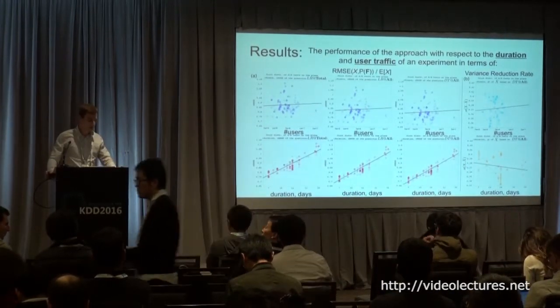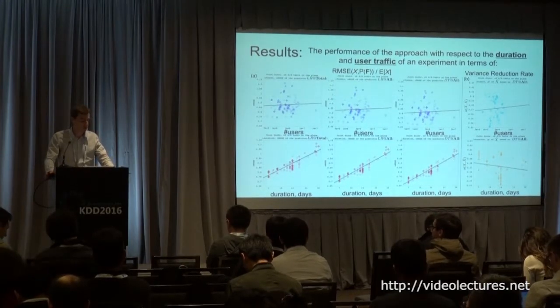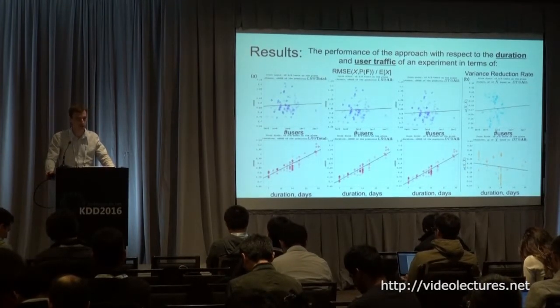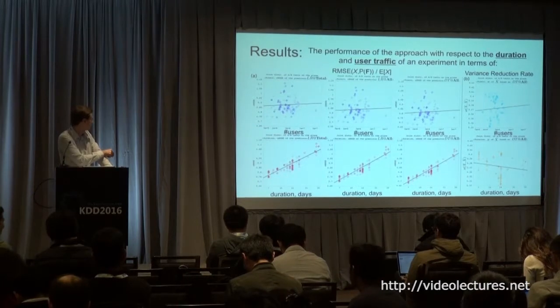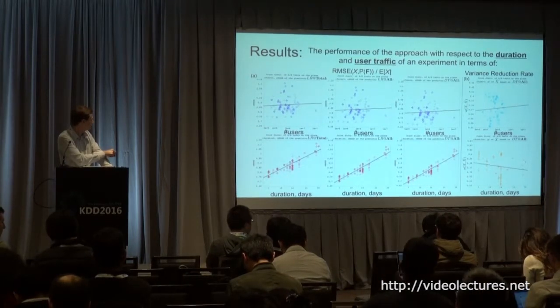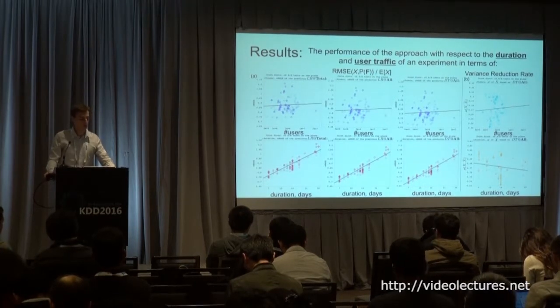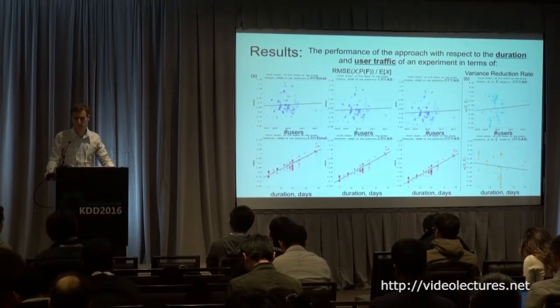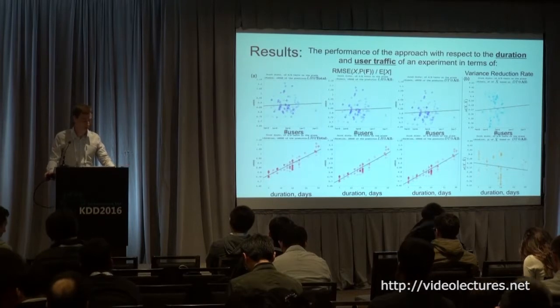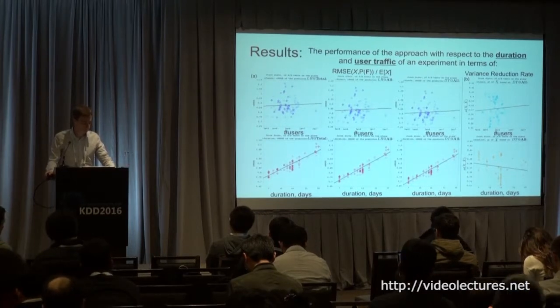On the other hand, prediction quality depends noticeably on the duration of an experiment. One can see this on these charts. But variance reduction rate depends only slightly on the duration of an A/B experiment.